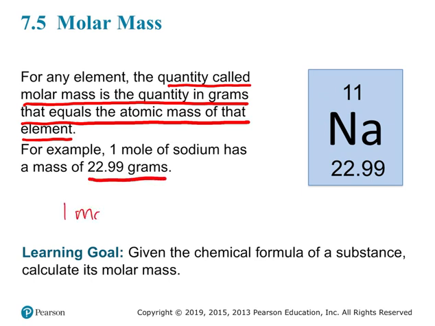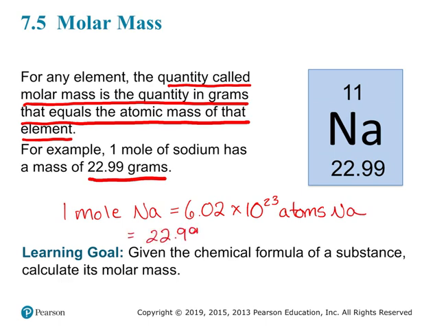So 1 mole of sodium is equal to 6.02 times 10 to the 23rd atoms. And all of that is also equal to 22.99 grams of sodium. And this is the number that you can find on the periodic table below the chemical or element symbol.